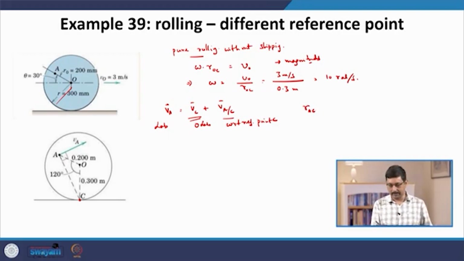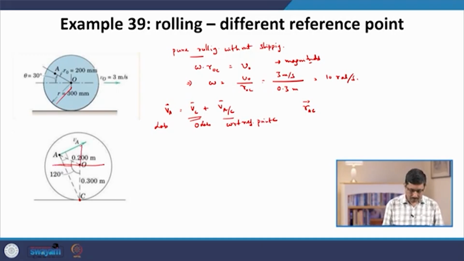Now, how much is AC? Let us first get that. From this picture, if we draw a line here, we can estimate this AC using vector analysis. Let us call it RAC.